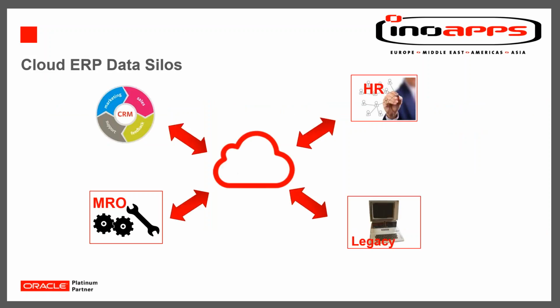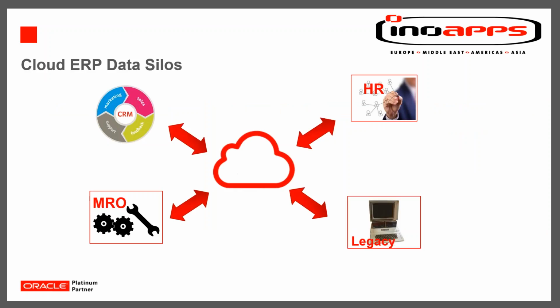And this is a very typical architecture that many of our customers have come to us with. We may have a cloud solution in the middle, much as our Oracle associates and colleagues would like organizations to deploy Oracle solutions for all of their business processes.